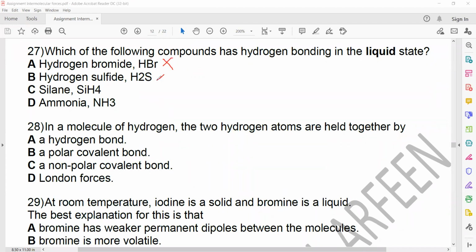Hydrogen sulfide as well as silane will have dipole-induced dipole, but hydrogen bonding exists when nitrogen, fluorine, or oxygen is bonded with hydrogen, as they are the most electronegative elements with lone pairs on them. So D will be the right answer for this question.